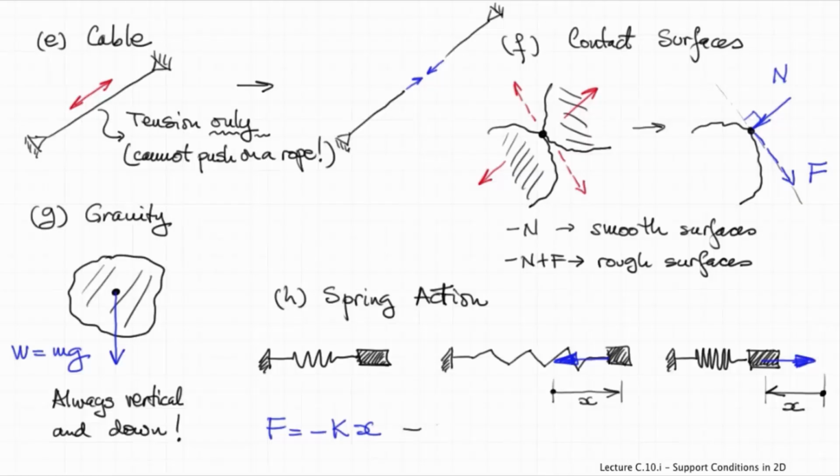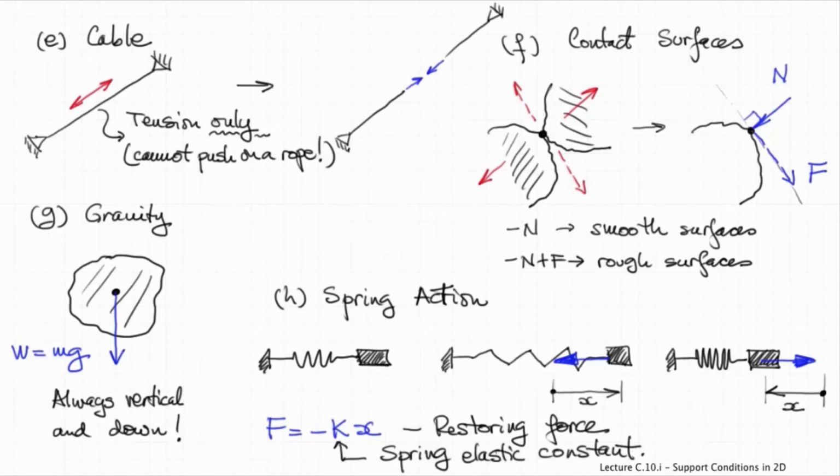So therefore the magnitude of the reaction force F equals negative k times x, and this is called the restoring force. Negative k, the negative sign is because of the movement happening into the opposite direction, and k is the spring elastic constant, which is specific to each spring. It's a characteristic of the spring.